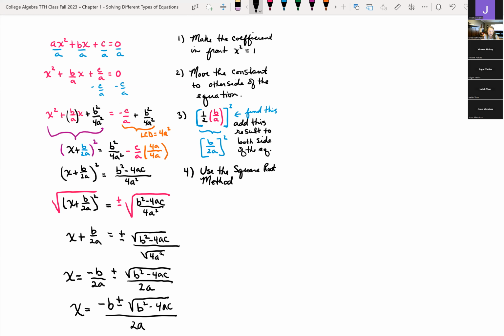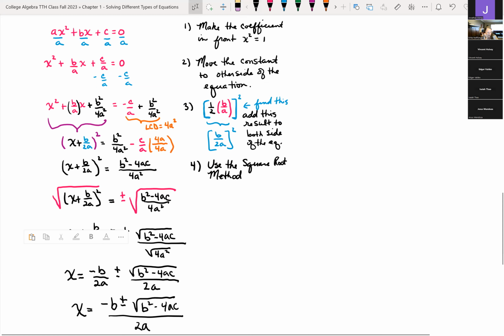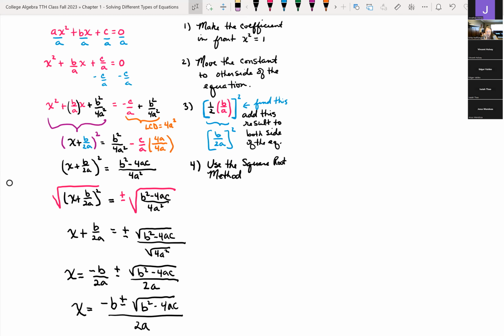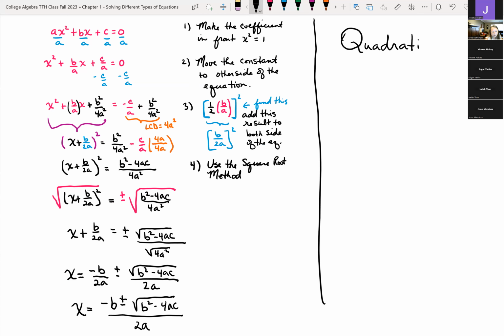So with that process of completing the square on a general form of a quadratic equation, notice that you just got your quadratic formula. Let me just write that down now. The quadratic formula is another method that you can use to solve quadratics.